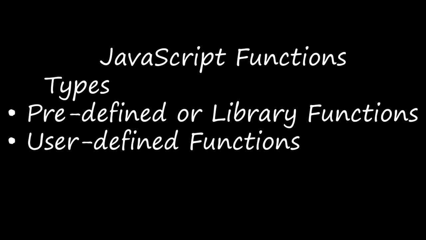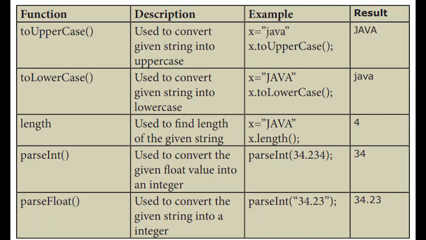Okay, toUpperCase means this function will convert the given letter or string to uppercase. That means if you give x is equal to java in small letters, and x dot toUpperCase(), the output will be capital JAVA. In the same way, toLowerCase means it will convert the particular string or word to small letters.